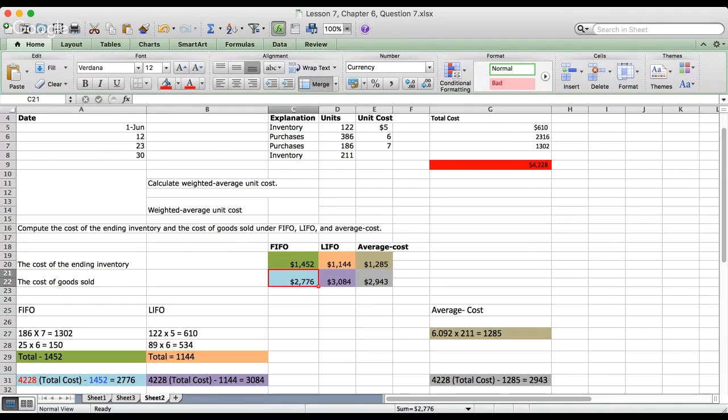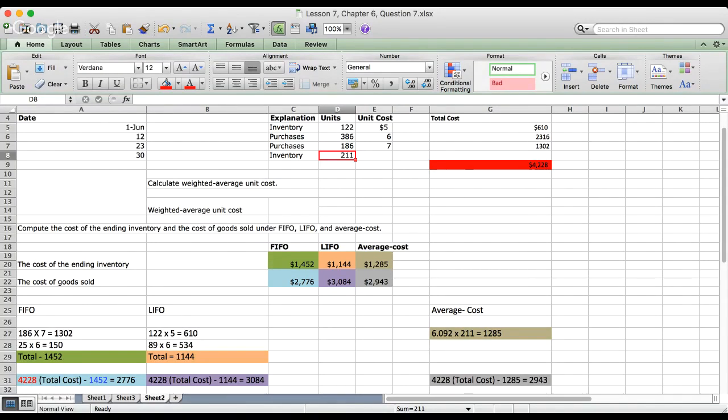Now, for the LIFO, last in, first out, we are just going to flip the order in which we use the unit costs. We'll start with the 211 number, which is our ending inventory, and we are going to use 122 units at $5.